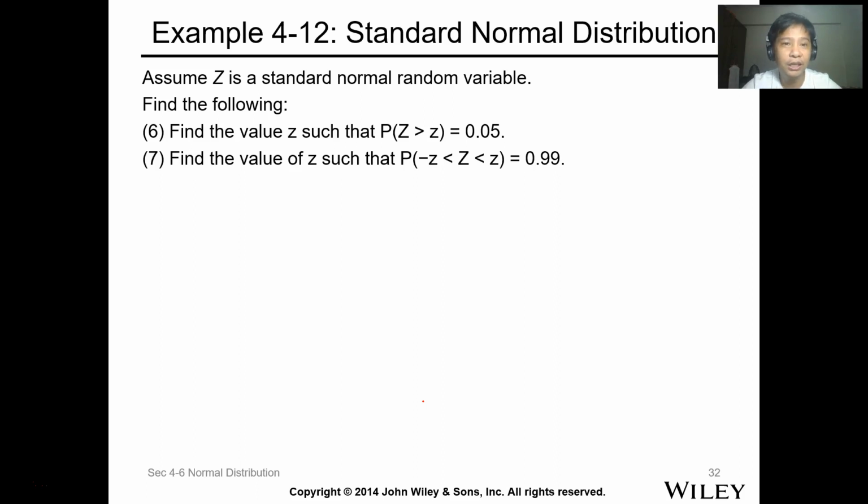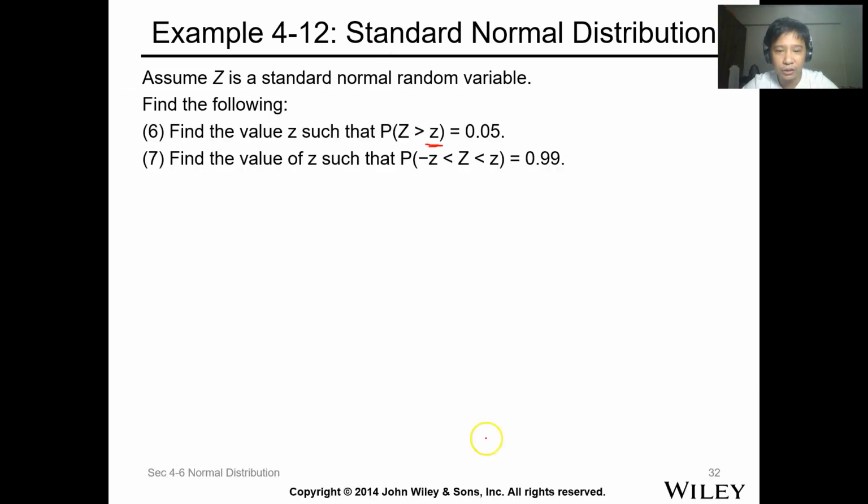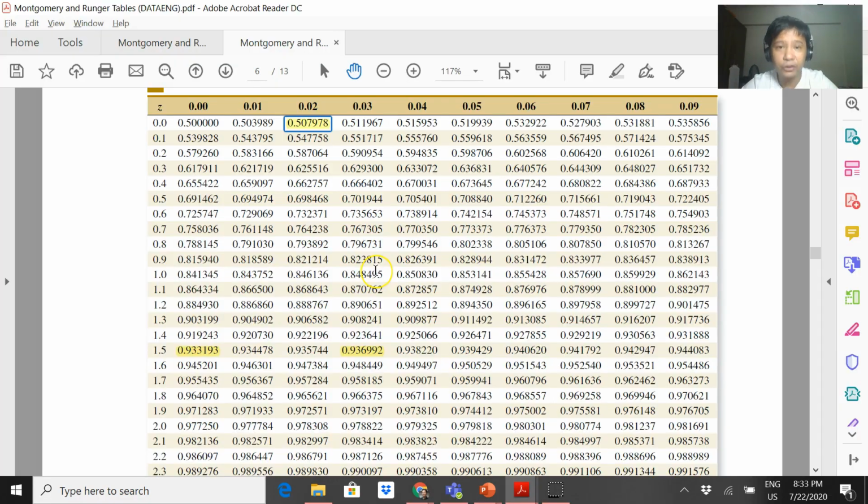Now, how about this one? Finding the Z value, when the probability is 0.05. So, for the calculator, medyo mahirap siyang alamin, but you can use yung table. Okay.